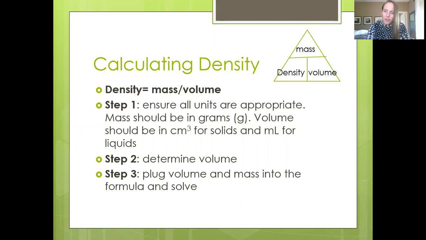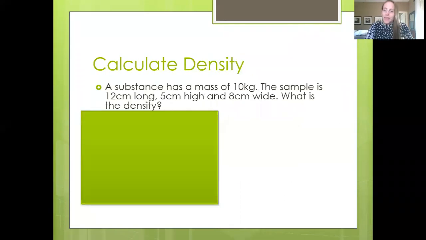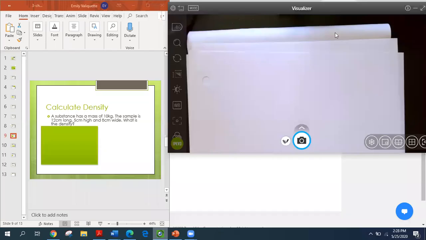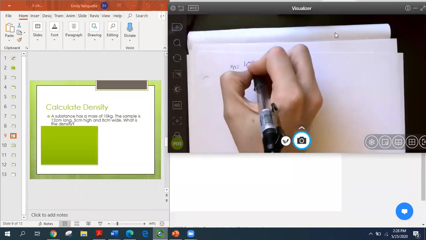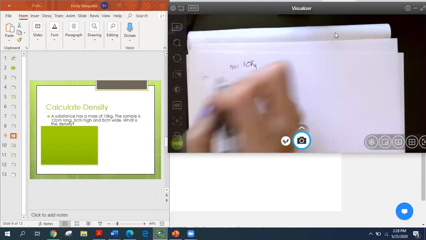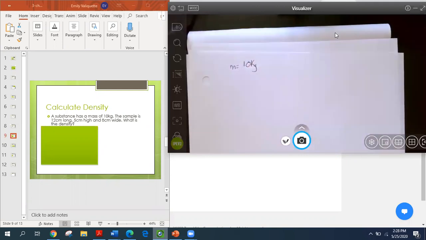Once you have all your units in the correct type of unit, then you can just plug everything into your formula. So let's look through this example here. In this case, I'm told that the mass is 10 kilograms and that the sample is 12 by 5 by 8.